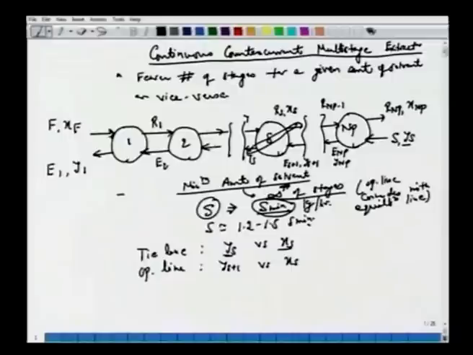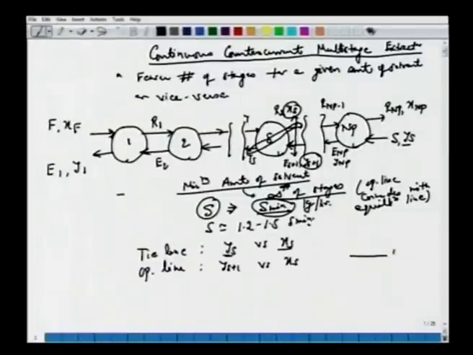So we're counting from this side 1, 2, 3. We have this stream here as YS plus 1, and this operating line connects between YS plus 1 and XS. So we have similar conventions which we followed in the case of distillation stages also.